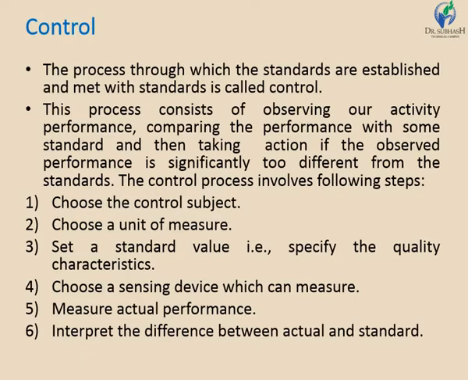If there is a deviation from the standards, then that deviation must be eliminated by taking corrective actions. So this is all about control, a process used to set and meet the standards of the product that you are manufacturing.